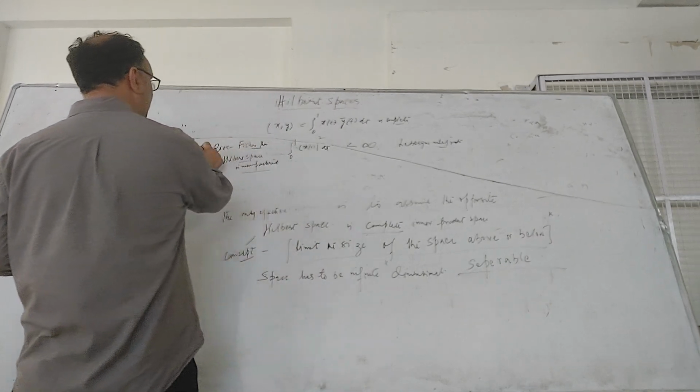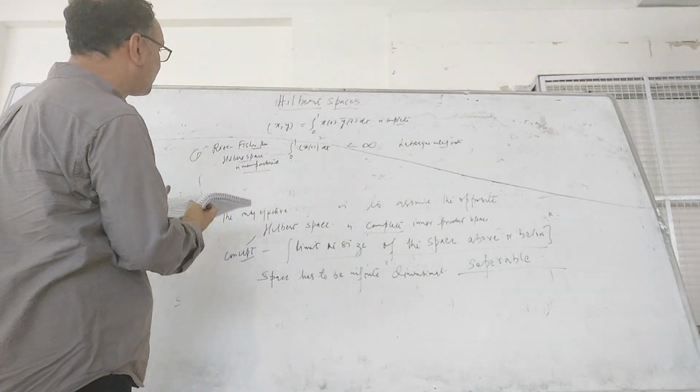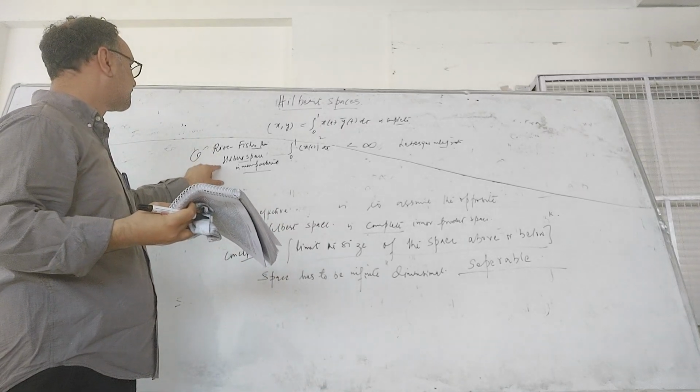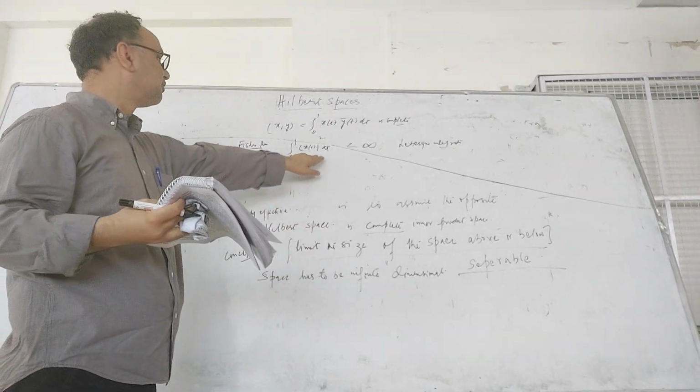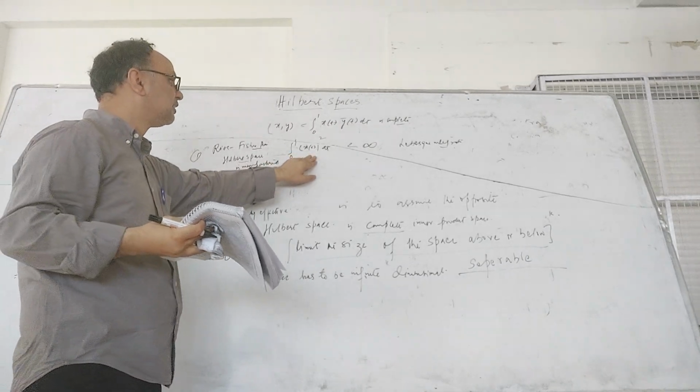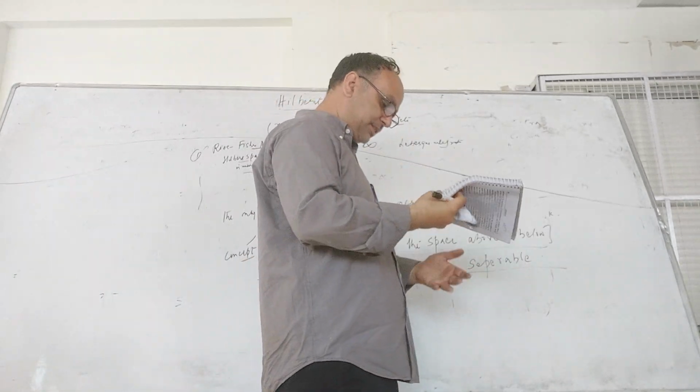So Hilbert space can be constructed or manufactured if we define this integral in this way, as a part of Lebesgue integration.